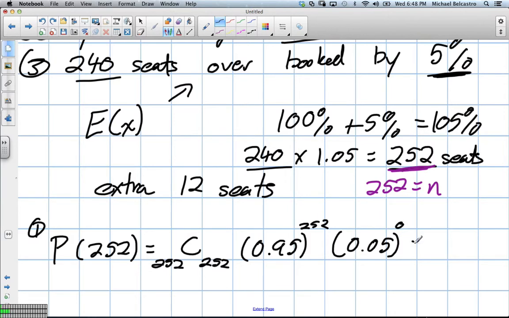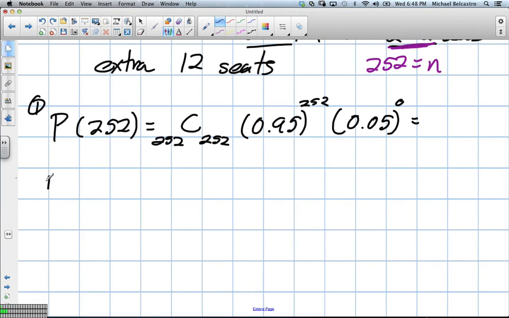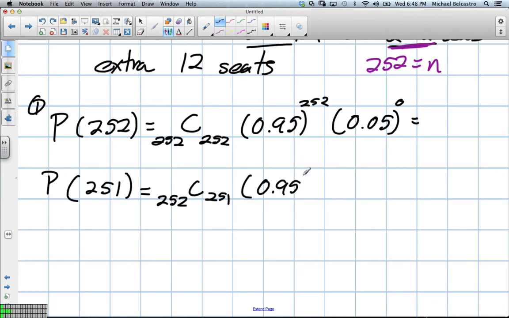Maybe on the side you can calculate that as we write out the next one so we get an idea of the pattern. The next thing we look for is the probability of 251 people showing up, so 252 choose 251, this time with one failure expected.